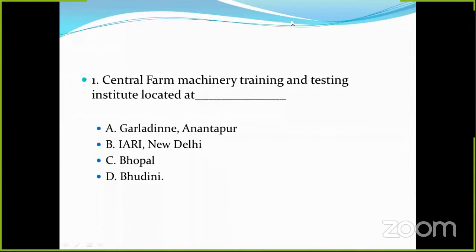Next, the Northern Region institute is at Hisar. In total we have four training and testing institutes: Garladinne in Anantapur district, Budni, Biswanath Chariali in Assam, and Hisar.